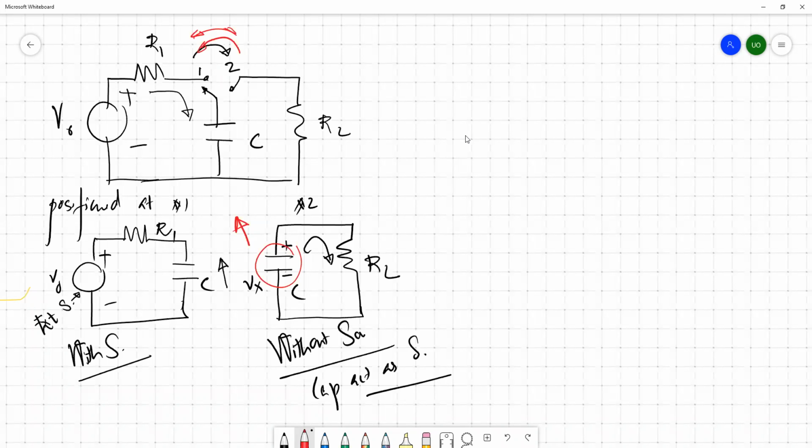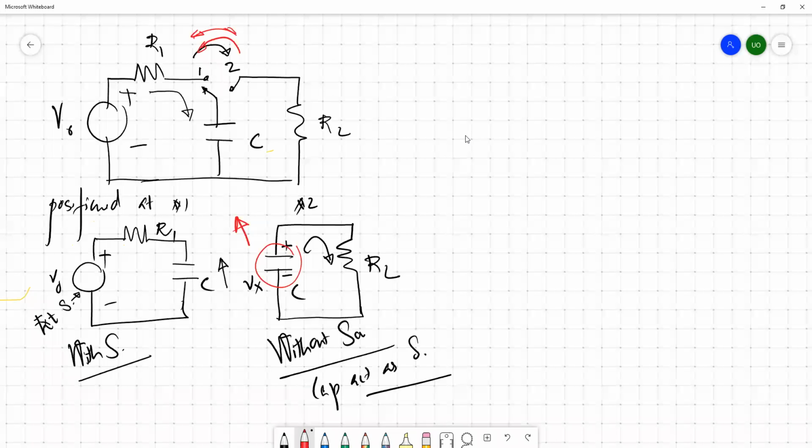So you can have a kind of automatic switch. Once it discharges, you connect it to the source and charge the capacitor. Once it's charged to a certain level, you can simply connect it to a load and deliver the power through the capacitor. This scenario happens in the smoothing process of the capacitor when you are working with full wave and half wave rectifiers.